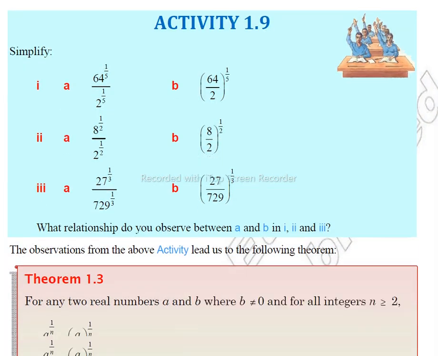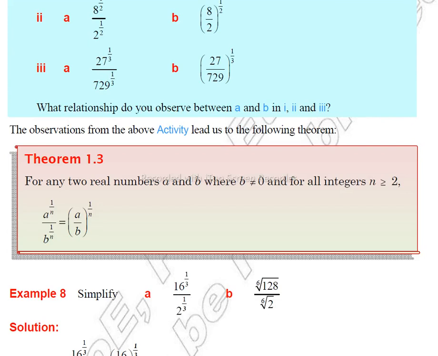We generalize that for any two real numbers a and b, where b is different from 0, because any number divided by 0 is undefined. So b must be different from 0, for all integers n greater than 2.